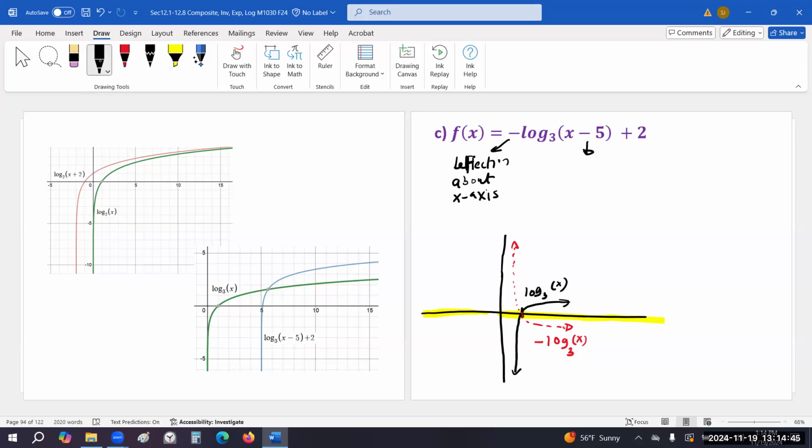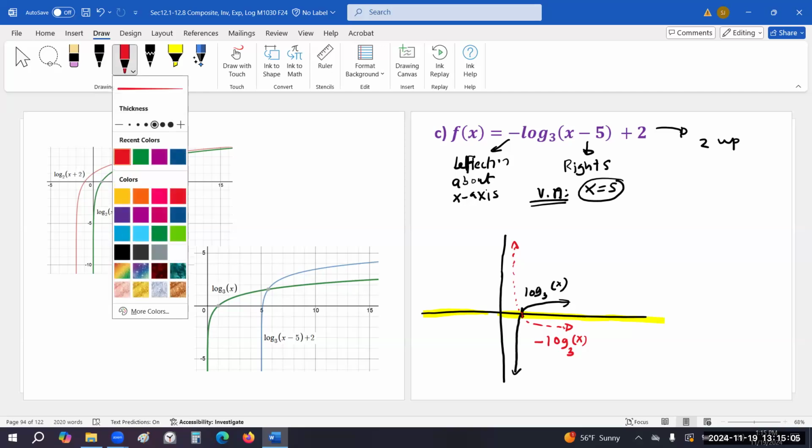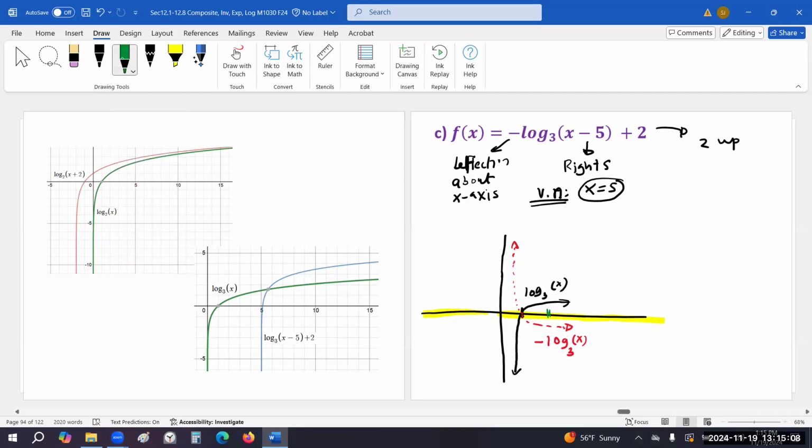Minus 5 next to x. Which direction? That means what is our vertical asymptote? X equals 5. Plus 2, a single number, is 2 up. Let me make this bigger. So we have 1, 2, 3, 4, 5. This is the line that you cannot cross.